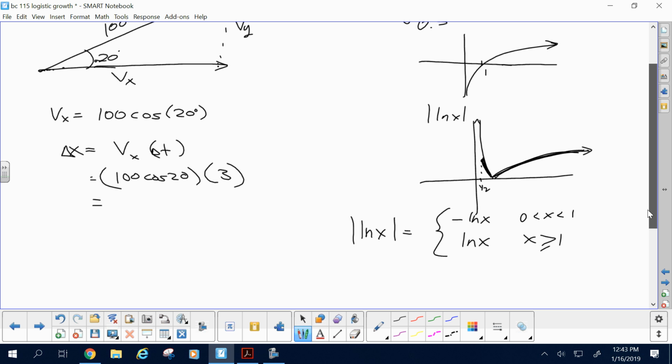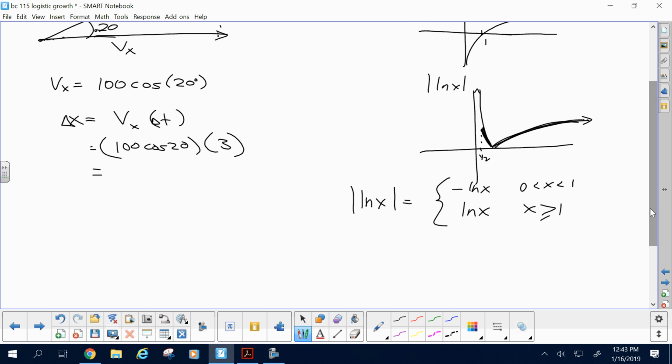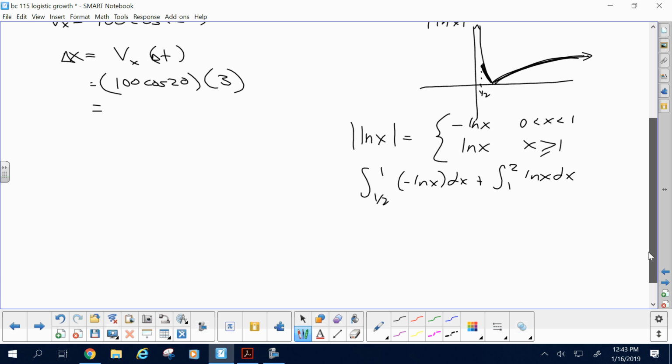Are you with me? All right, now so we're integrating the area under the curve. We would have to do an integral from 1/2 to 1 for negative natural log of x, and then another one from 1 to 2 for normal. Are we cool? So then, last gotcha is, what is the antiderivative of log of x?